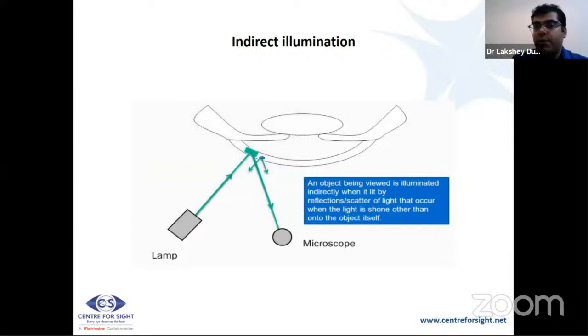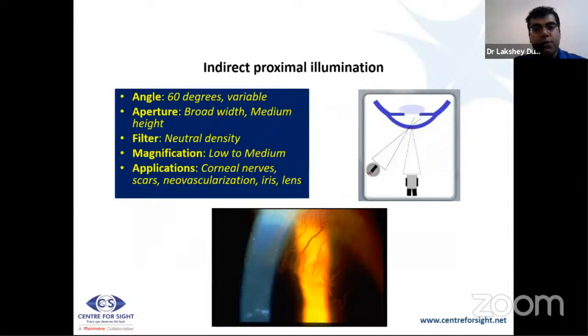After direct ways of illumination of the cornea or general slit lamp examination come indirect methods, in which you illuminate one point, and from that illumination the light is reflected or scattered to the point of interest. So indirect proximal illumination is one in which you illuminate the area next to the area of interest.